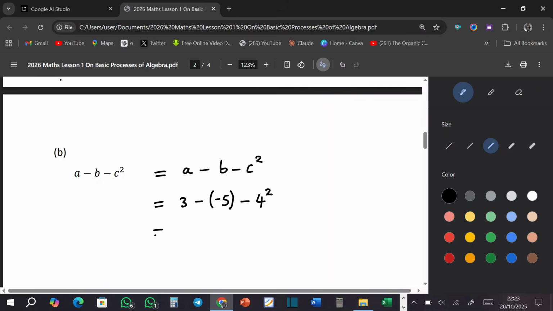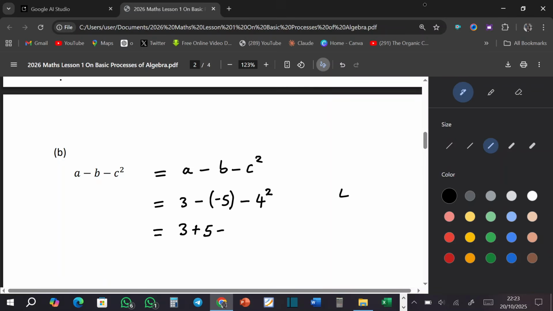Then this one, you say 3, then you see there's a negative in front of the bracket. So this negative outside and the negative inside the bracket, you multiply them. Negative, negative, it will be positive. Then the brackets, remove them, you remain with 5. Then here you say negative. Then this 4, you say 4 to power 2.